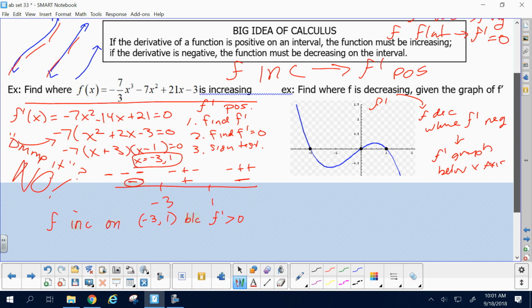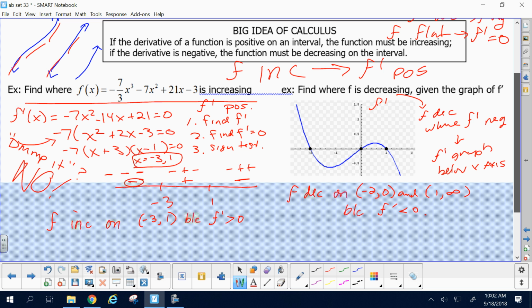Now all that's just our thought process. On the AP test, I wouldn't actually be writing that. I would just give my answer. F is decreasing on what intervals? I think that's a -2. Talk to me, people. Give me one interval. -2 to 0 and 1 to infinity because F prime is negative.